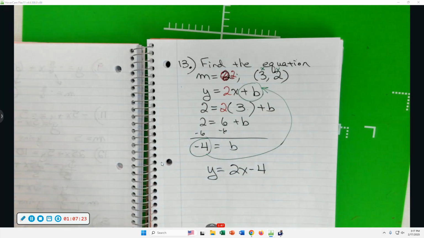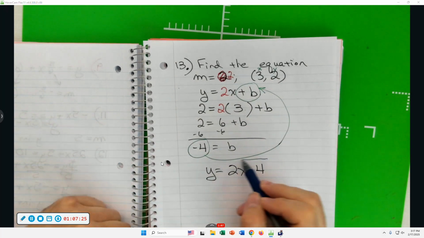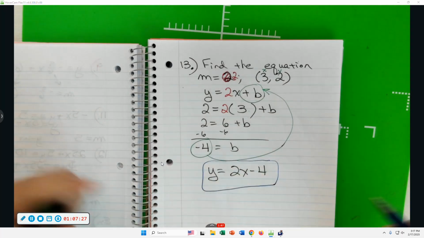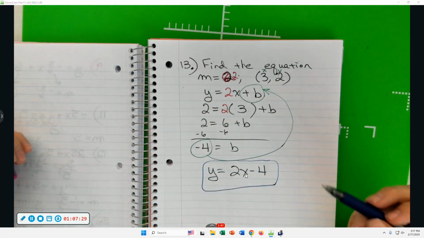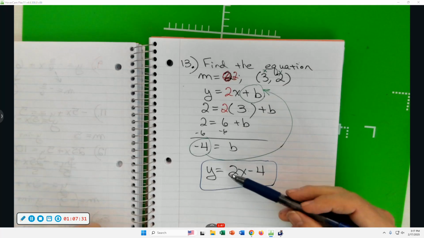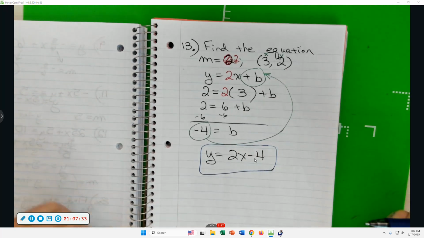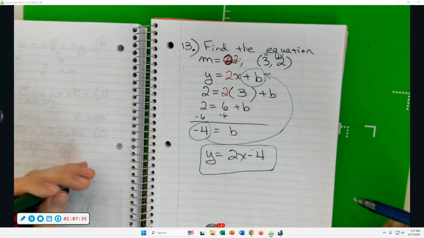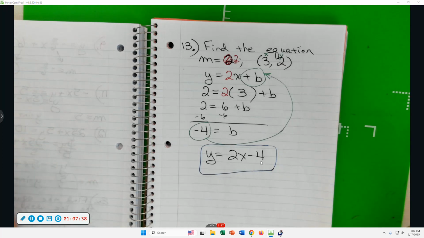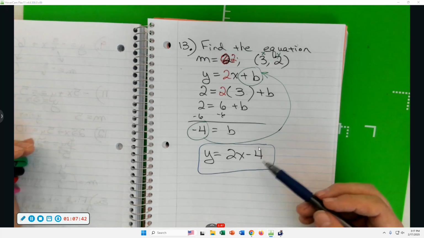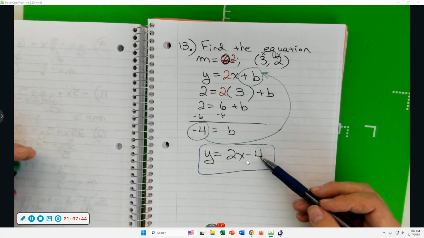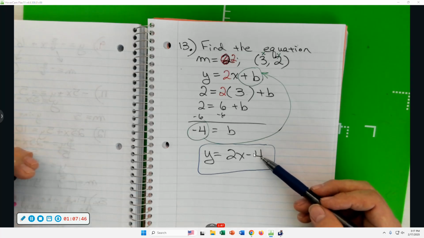Where does the graph pass through the y-axis? At what number? That's the slope. The slope is 2. Where does the graph pass through the y-axis? At what number? You don't have to give it as an ordered pair. -4. This -4 tells you where the graph passes through the y-axis.